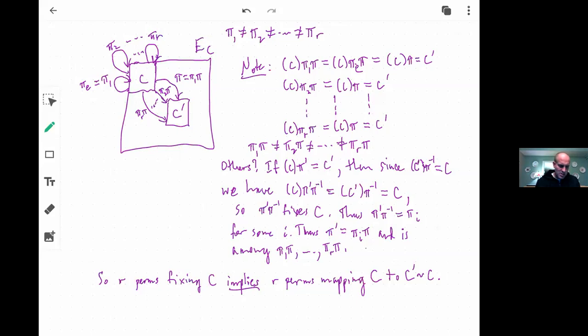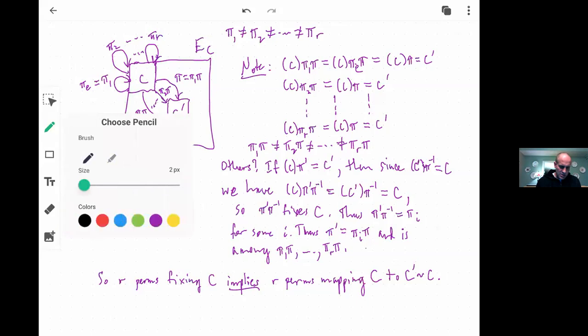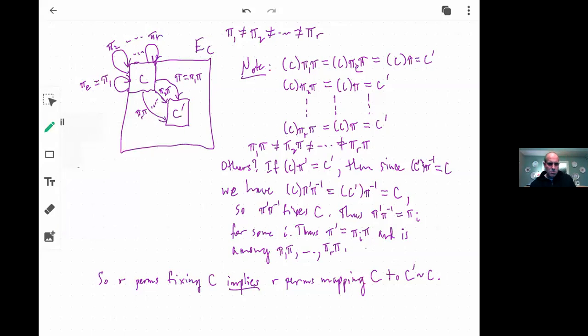So here's a little picture that I drew up here. I used some purple ink up here. So notice right up here what we're doing.